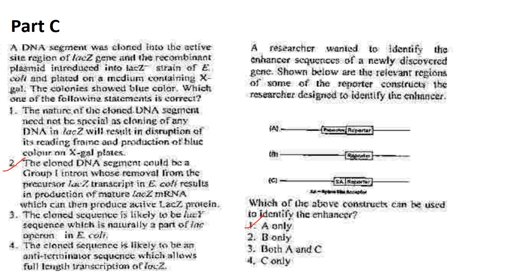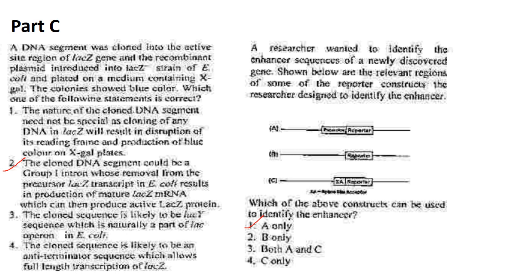The nature of the cloned DNA segment need not be special as cloning of any DNA in LAC-Z will result in disruption of its reading frame and production of blue color on X-gal plates. Now if there is disruption of LAC-Z, then blue colonies will not be formed. Then next option.